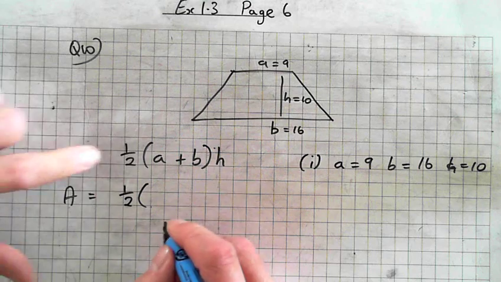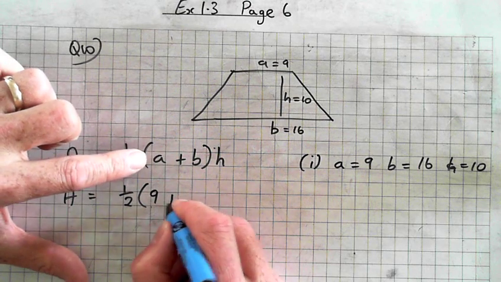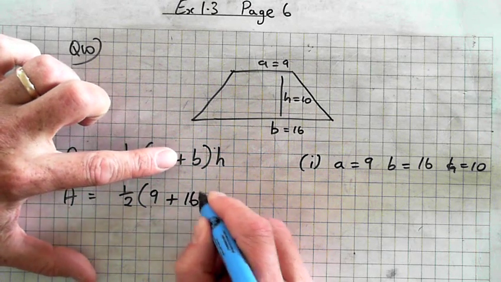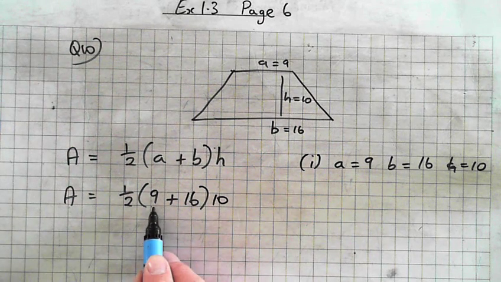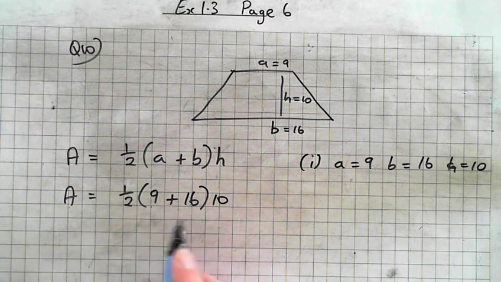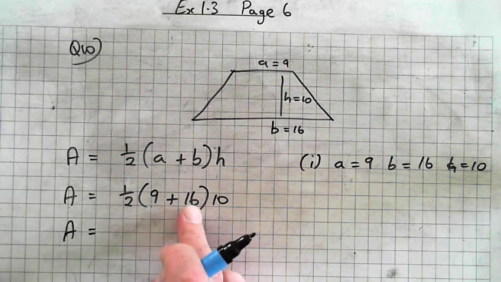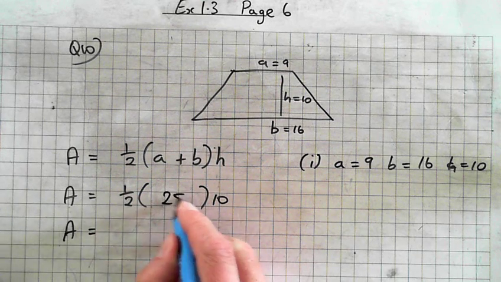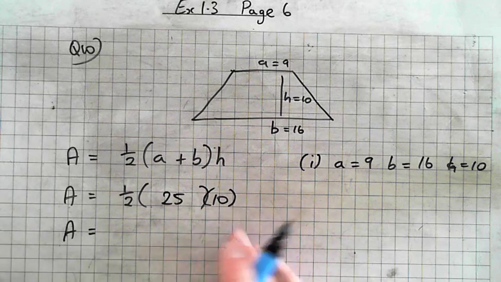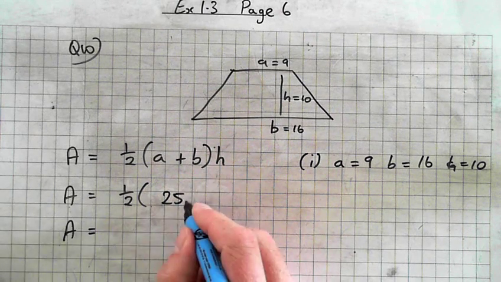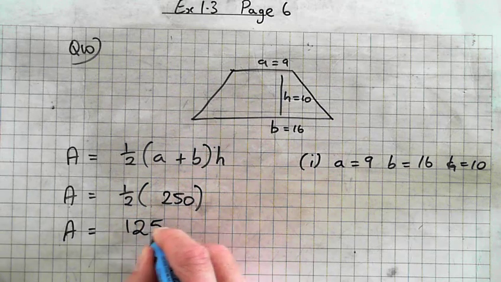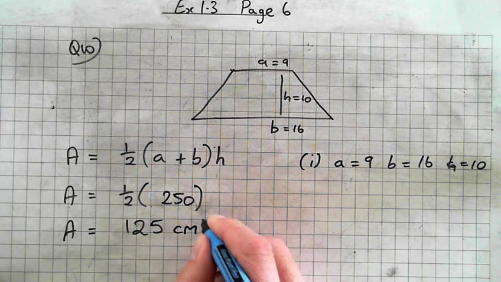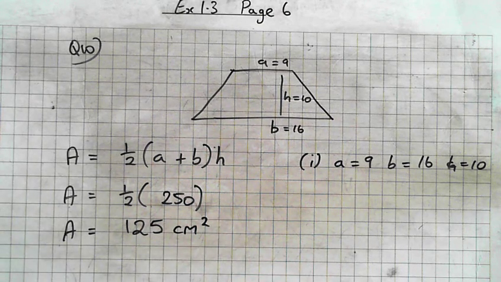So it's a half, a is 9 plus b is 16, h is 10. So first of all, add 9 and 16, and you get 25. Multiply that by 10, and you get 250, and then half of 250 is 125 centimeters squared. Is that all? That's it. Not too bad, is it?